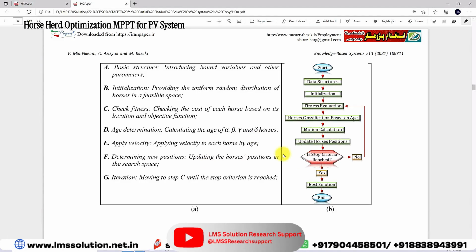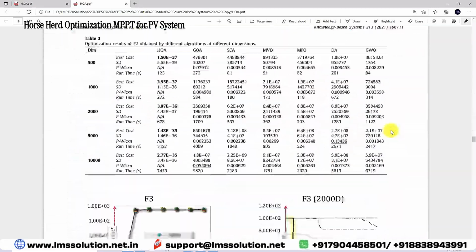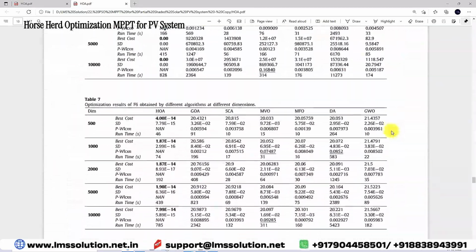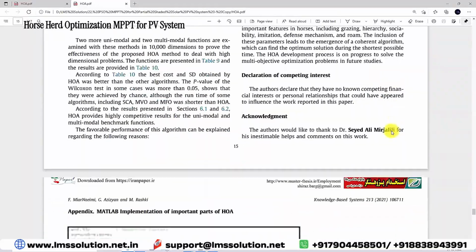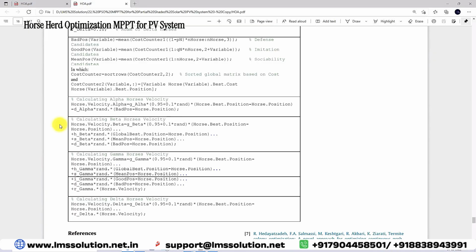This is how the horse herd optimization algorithm works. The horse herd optimization algorithm will be used for extracting maximum power from the panel. In this paper, you can see the code for age determination and velocity adaptation. This code is used for finding the age and updating the velocity of the different horses based upon their ages.